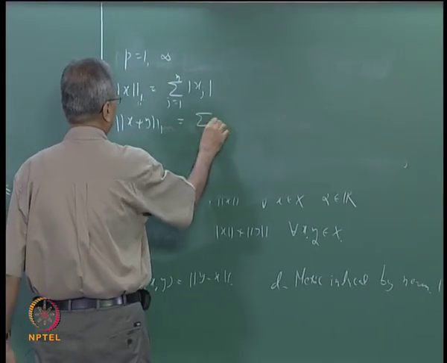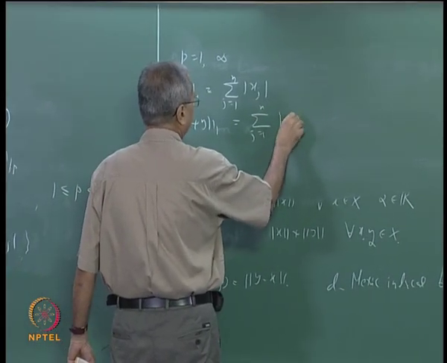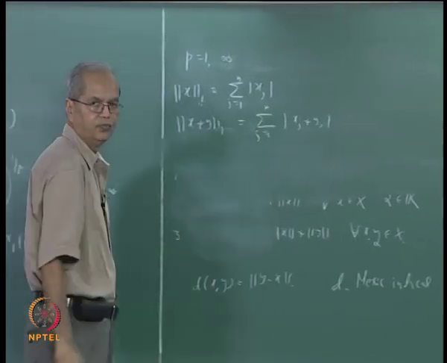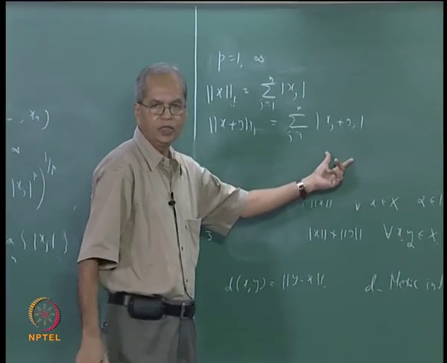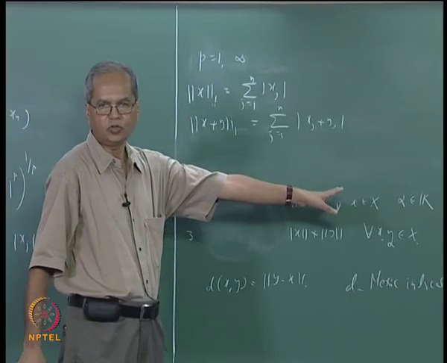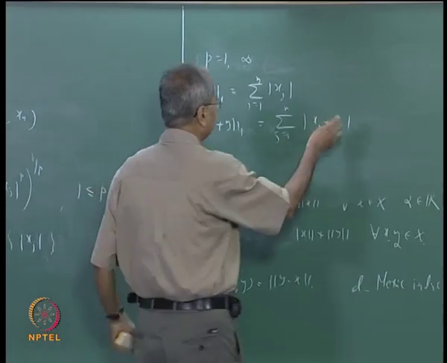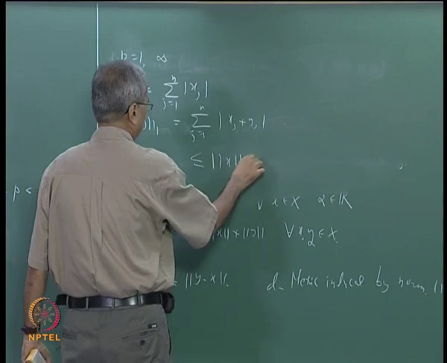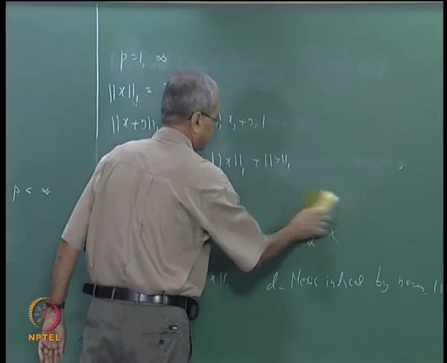This is sigma j going from 1 to n, mod xj plus yj. And what is to be done after this is clear. Mod xj plus yj is less than or equal to mod xj plus mod yj. So separate the two sums and the right hand side will be less than or equal to norm x suffix 1 plus norm y suffix 1.